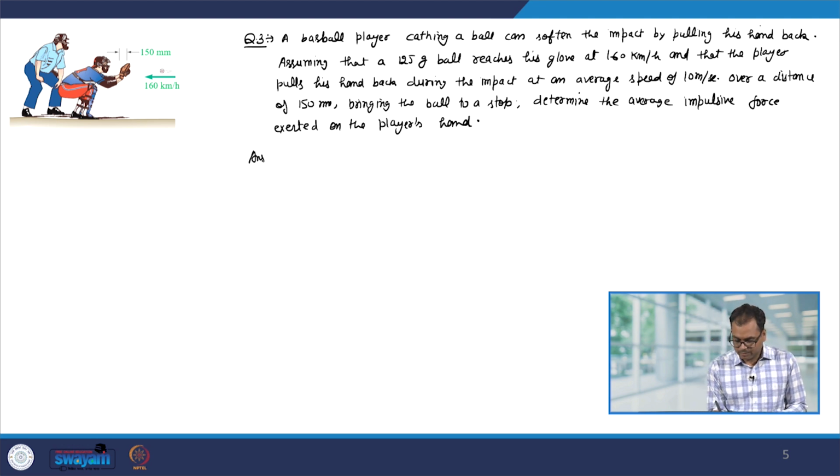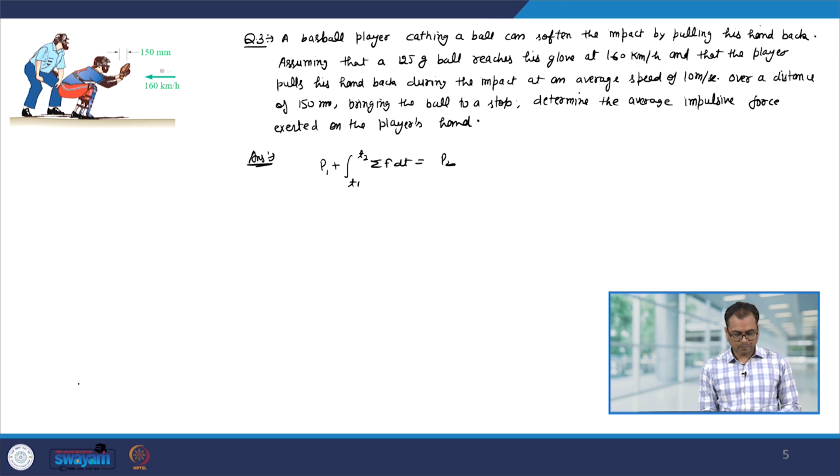So, again to find the impulsive force, we can use the impulse momentum relation. P1 plus the integral from t1 to t2 of summation F dt equal to P2. Here P1 is given, it is mass into velocity.